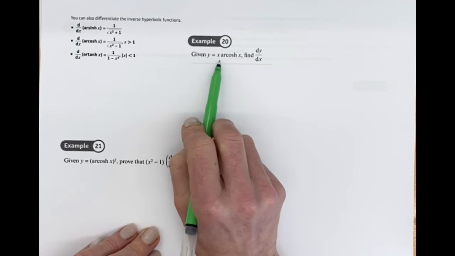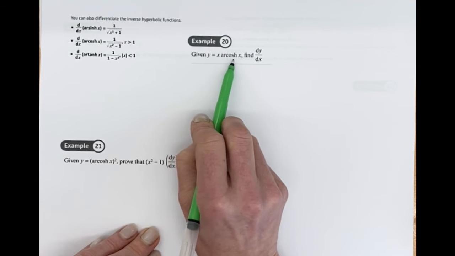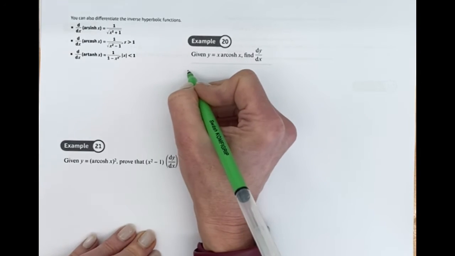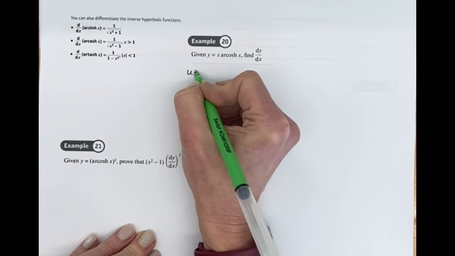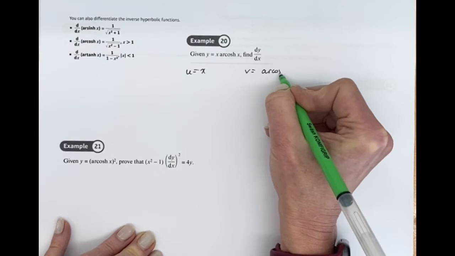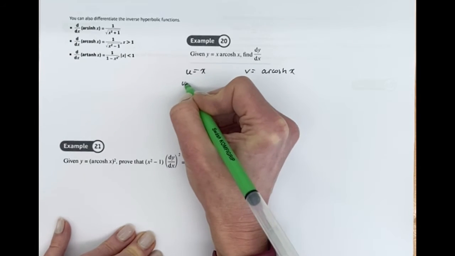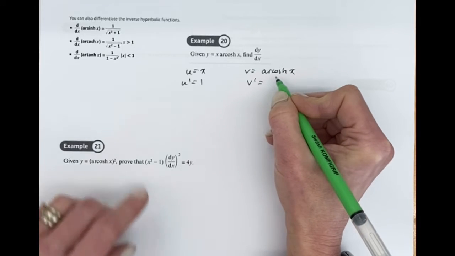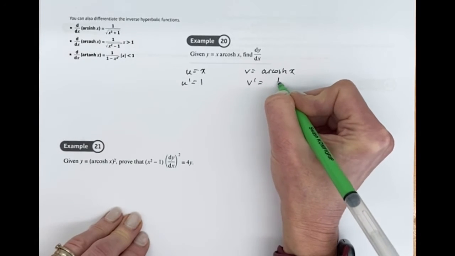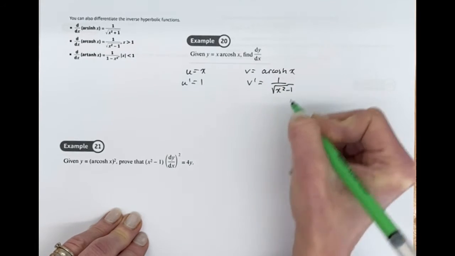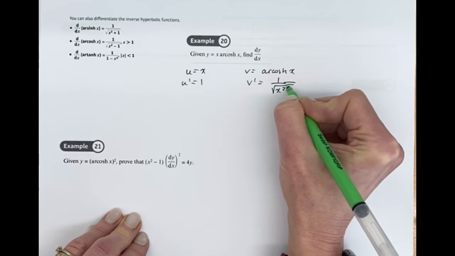So over here we've got the product x arcosh x. That's the product. u dash is 1 and v dash is going to be arcosh differentiated. By the way, you could be asked to differentiate it from scratch, so hopefully there will be an example like this and we can apply it.